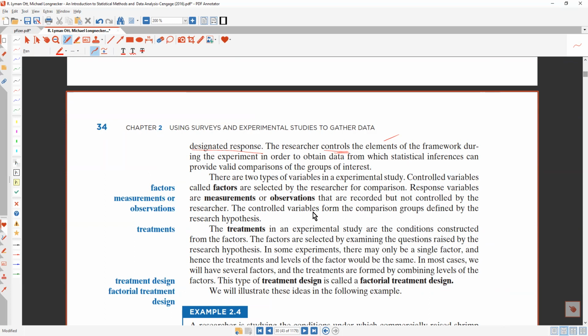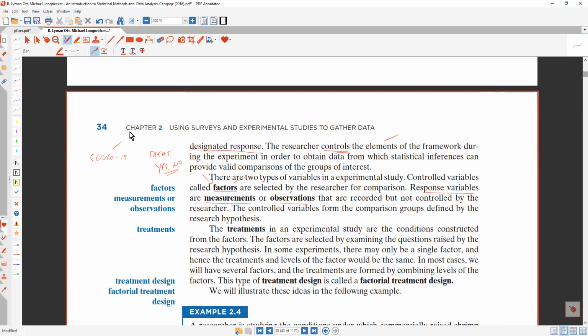In experiments, we have factors that are selected by the researcher for comparison. Now, an example of a factor here would be the treatment, yes versus no. So if you're trying to treat COVID, well, you have a treatment, yes versus no. That's an example of a factor. The response variable, these are measurements or observations, and that's in this case whether the person improves their symptoms from COVID-19 or they get worse.